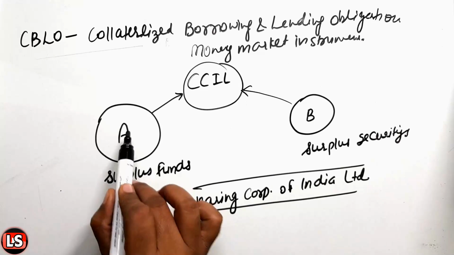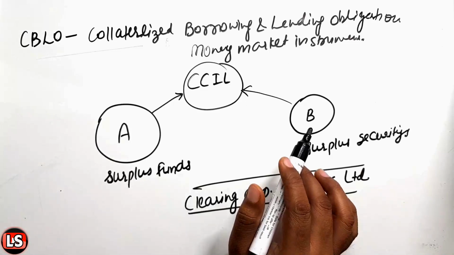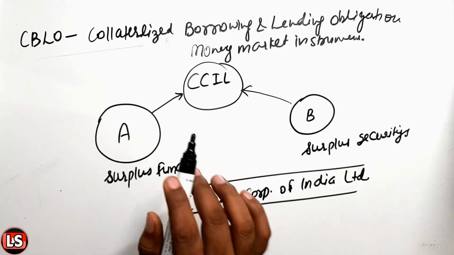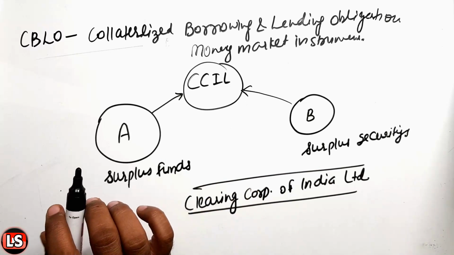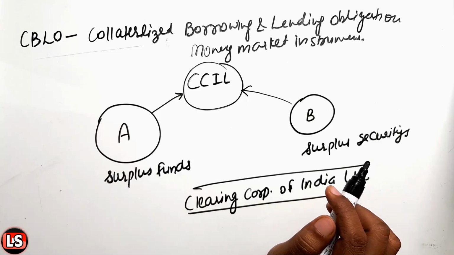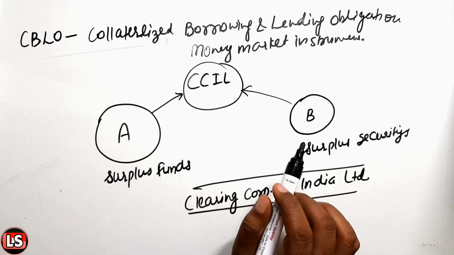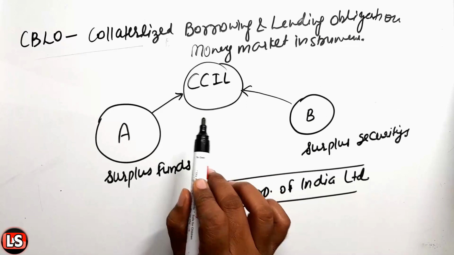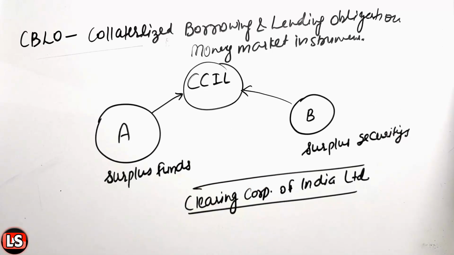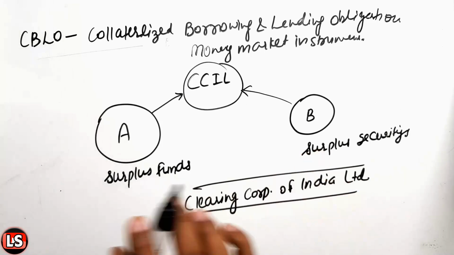So these A and B parties do not know about each other, whom they are lending to or borrowing from. So this is basically an anonymous order matching platform, where the transaction is done by CCIL and the lending is covered by approved securities.